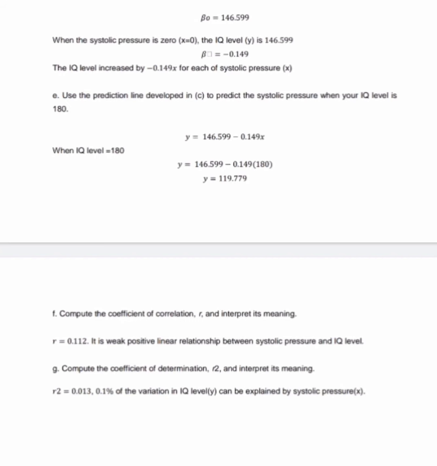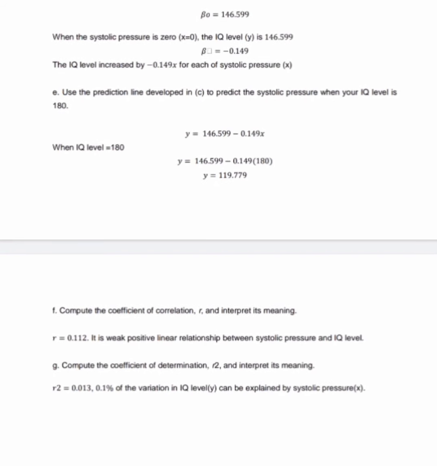When the IQ level is equal to 180, we replace the x with 180, which is y equals 146.599 minus 0.149 multiplied by 180. So the answer is y equals 119.779.